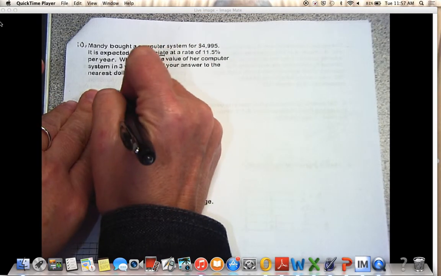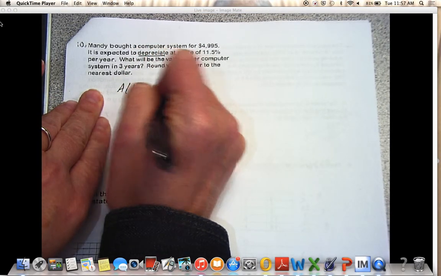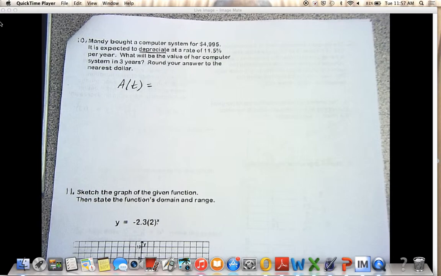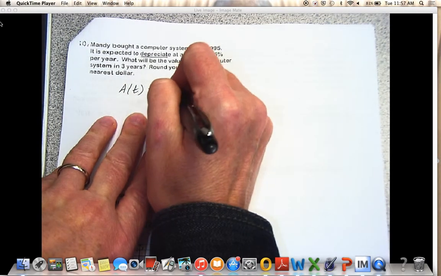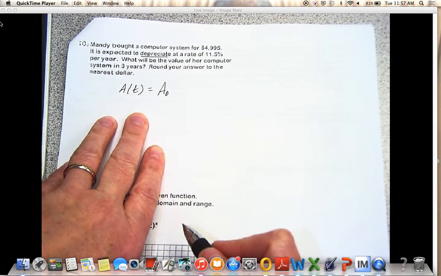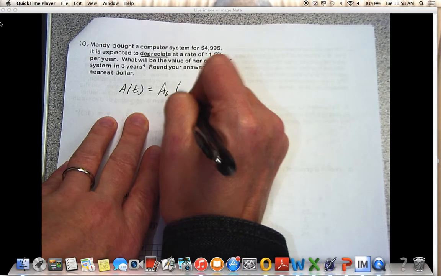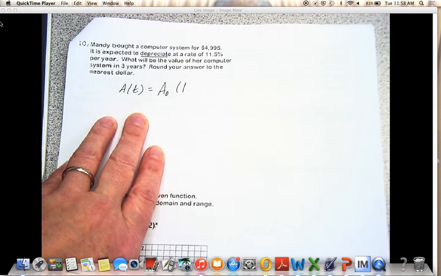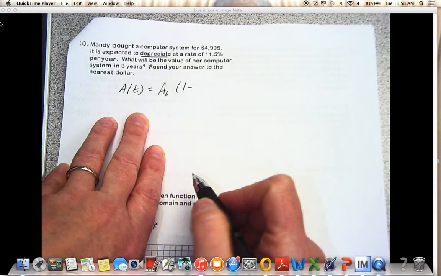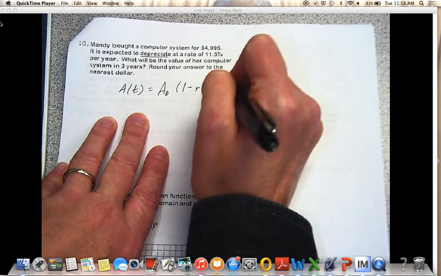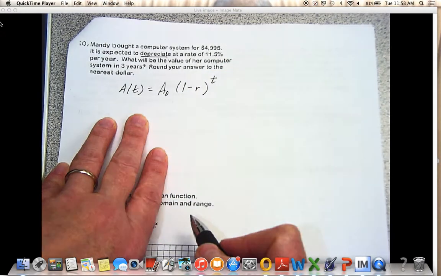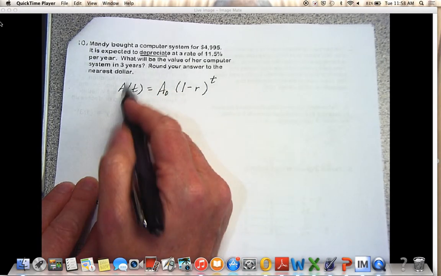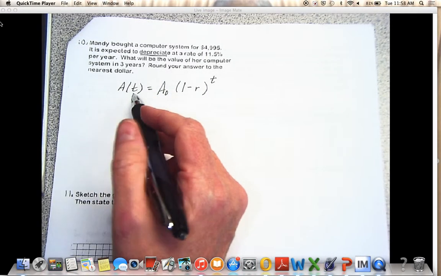So I'm going to write A of t. I want the amount after a certain time period. Remember, it's A sub 0, your original, times 1 minus, for decay, the rate raised to the t. All right, I don't know the amount after a certain time period. That's what we're looking for.